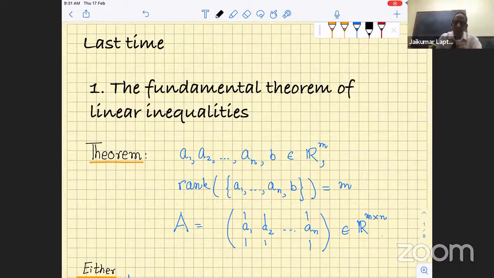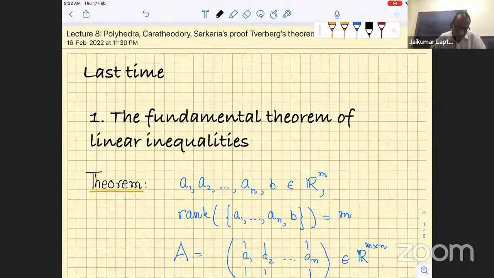So maybe we'll start. Good morning. So our plan today is to continue with these somewhat geometric aspects of linear programming, about polytopes.